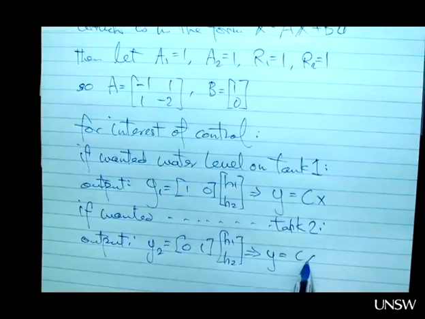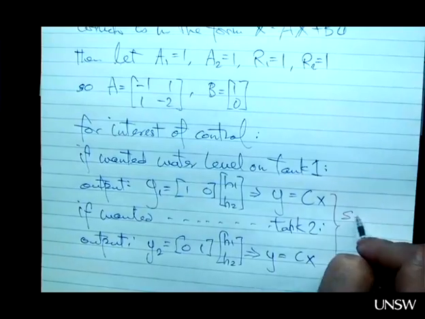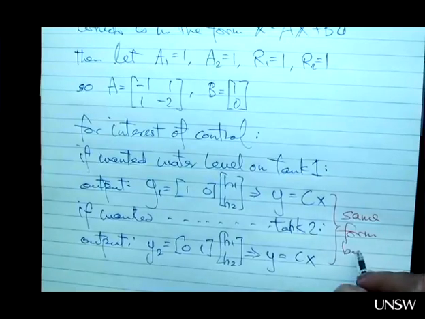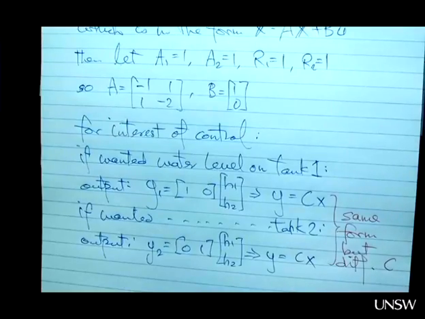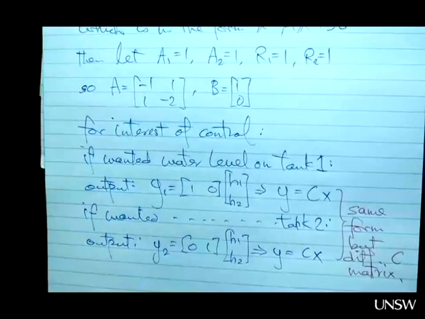So we have the same form, but different C matrix. Okay. Is that okay? Up to here, any question?